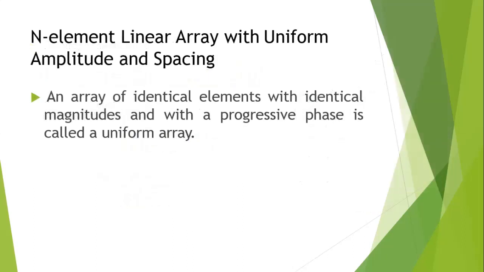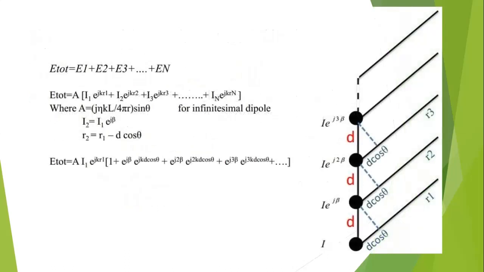N element linear array with a uniform amplitude and spacing. An array of identical elements with identical magnitudes and with a progressive phase is called a uniform array. Total electric field is E1 plus E2 plus E3 plus so on plus En.